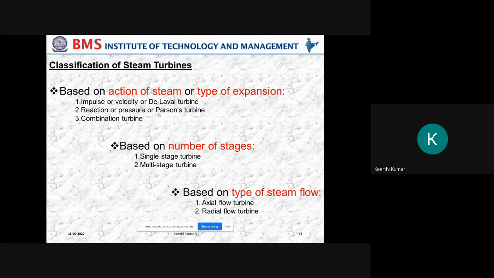He himself gave his own name, that is Parsons turbine. The first, based on the action, is the impulse turbine. Example of the impulse turbine is De Laval turbine, and the second one is the reaction turbine. Example for the reaction turbine is Parsons turbine, and the third one is a combination of impulse and reaction turbine.